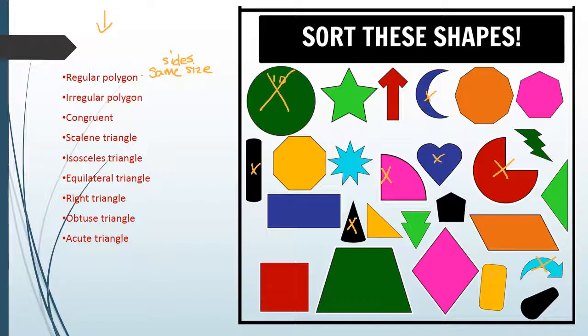And this one has curved corners, so that cannot be considered a polygon. Did we get all the curves out? I think so. Okay, so then let's look for a shape that has the same length of sides, and then we can call it regular.